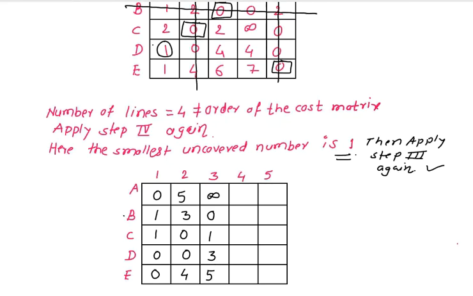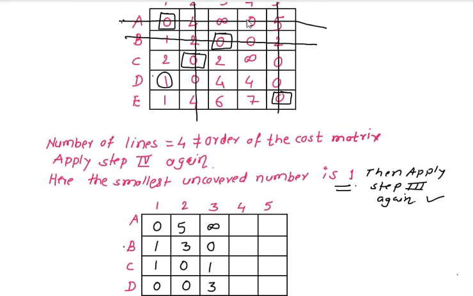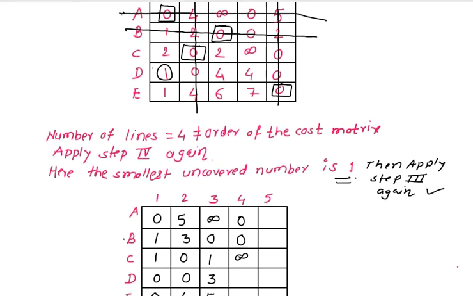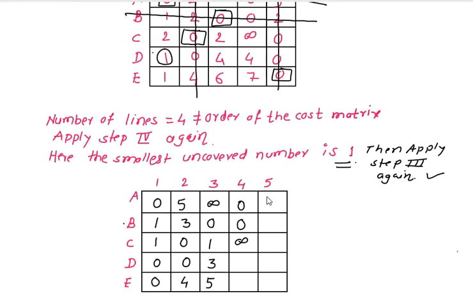Now entries of the fourth column, 0, 0 as it is. From the infinity subtract 1, we get infinity. Then 4 minus 1 is 3, 7 minus 1 is 6.